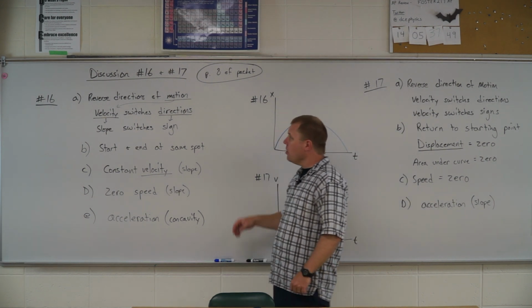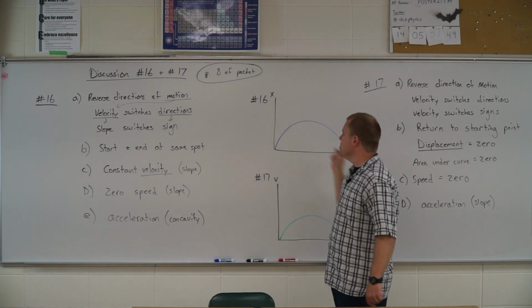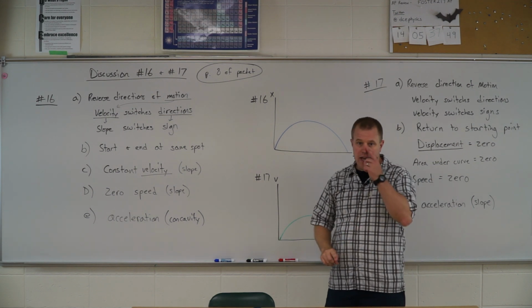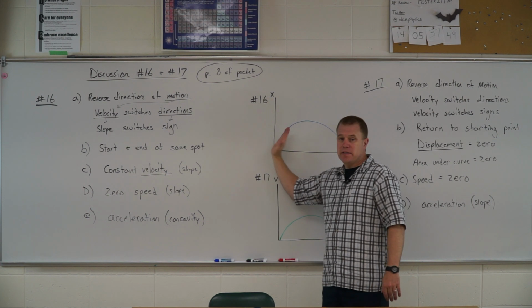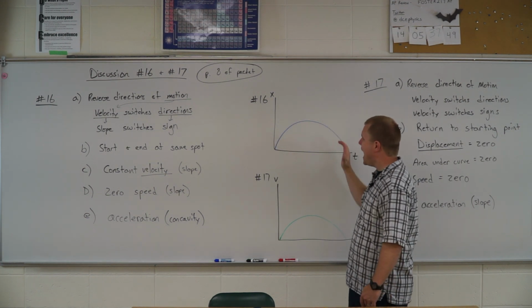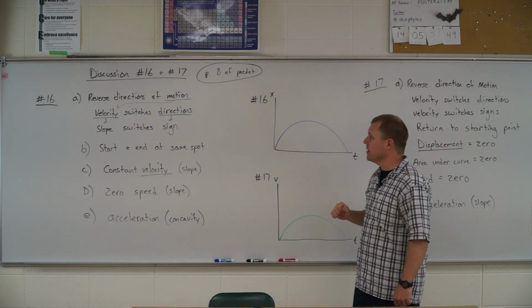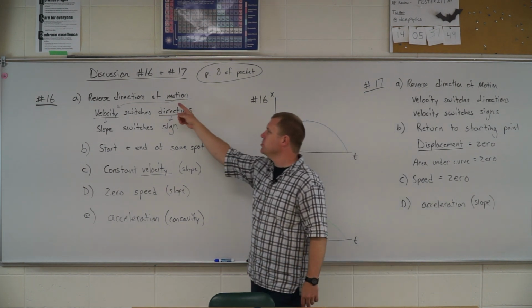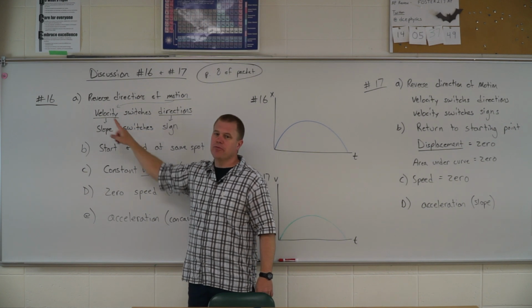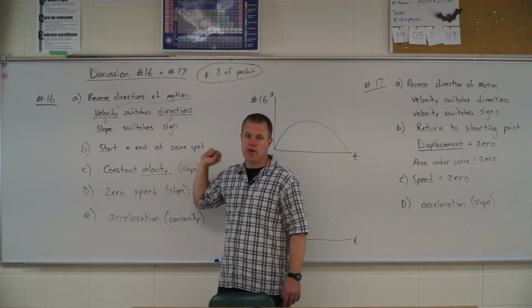All right, so number 16 is a position versus time graph. So I'm using those understandings that the point on there is telling me about the position, the slope is telling me about the velocity, and the concavity is telling me about the acceleration. So part A asked me, does it reverse directions of motion? Motion is really talking about velocity. So does the velocity switch directions?